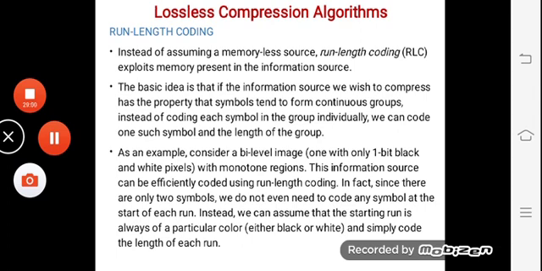So we need not go for coding if the example is 1-bit black and white pixels or bilevel images. But if there are other image types, then we first need to code the information, and then code the length. This is how run length coding works.